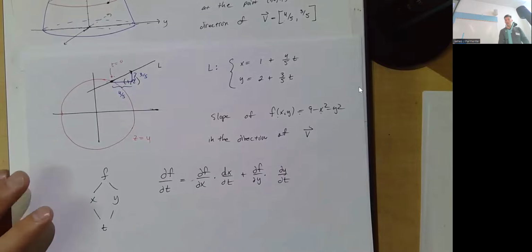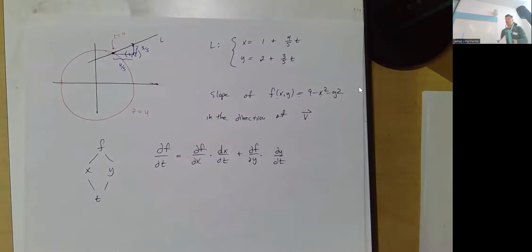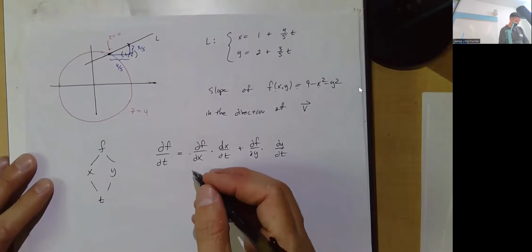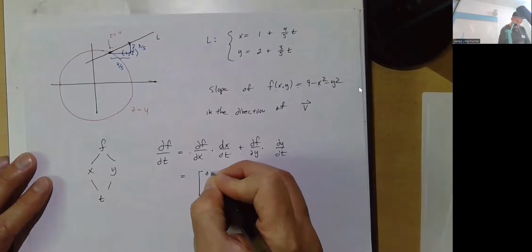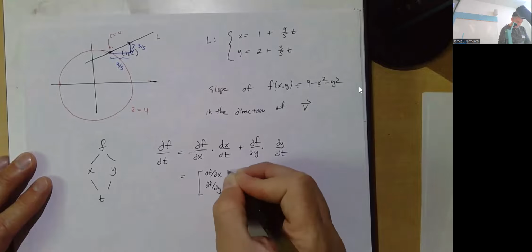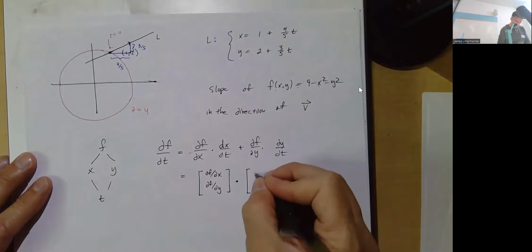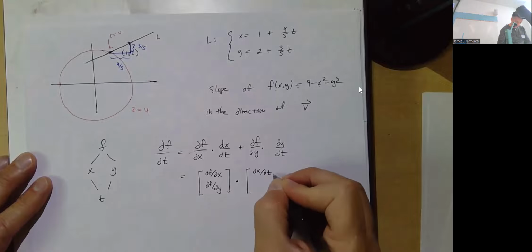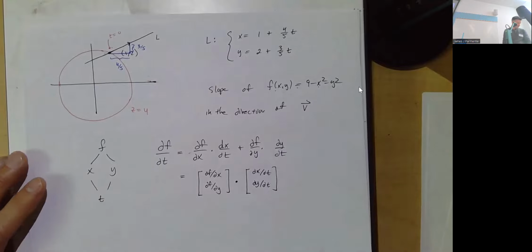And before I get to actually calculating for this particular example, I want to point out that this is exactly what we're looking for. Let me write this a different way. This is the vector del f del x, del f del y dotted with the vector dx dt, dy dt.